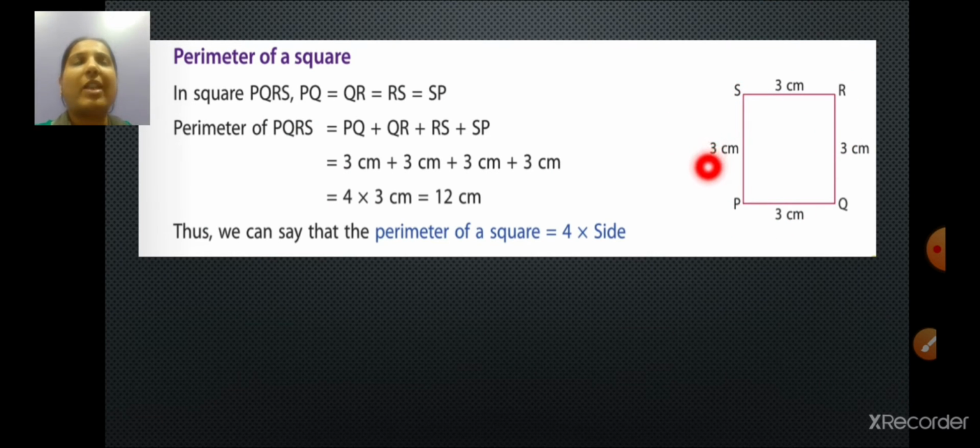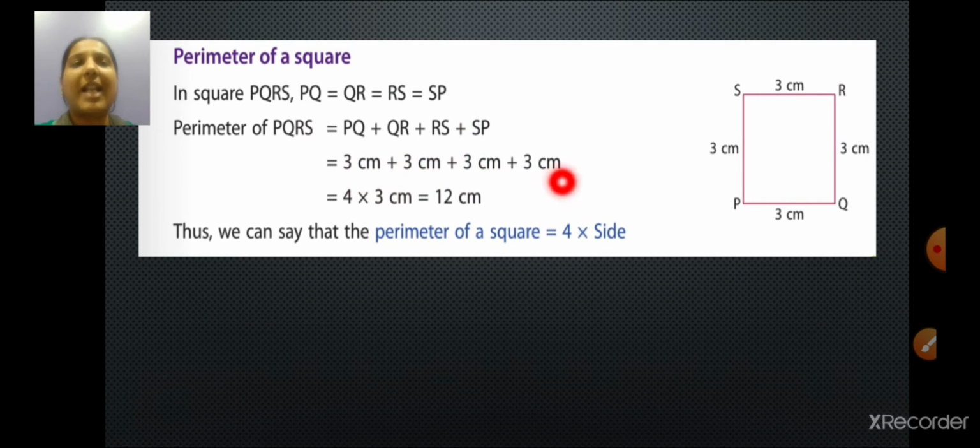So in a square we know that all sides are equal, means this PQ would be equal to QR is equal to RS is equal to SP. Okay. So to find the perimeter of this PQRS, we will add all the sides, that is PQ plus QR plus RS plus SP. This is written here.